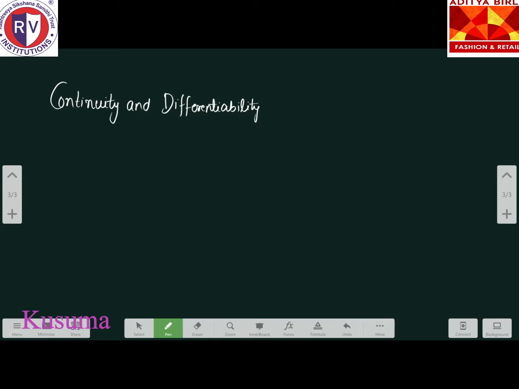Your friend said that f of a must be equal to LHL, must be equal to RHL. If all the three terms are equal, then you say that a function is continuous at x equal to a, right?